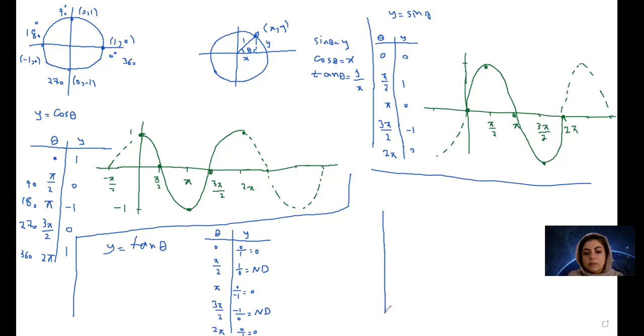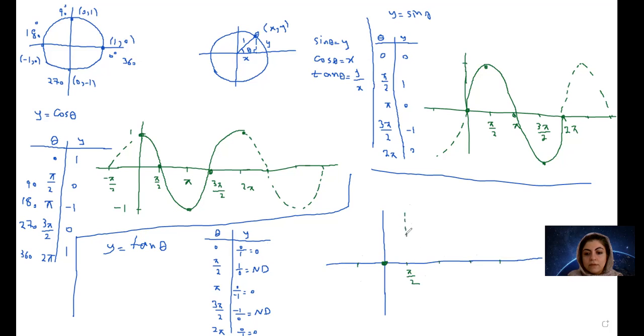Let me just do that here. A different color I do. So here is pi over 2 again. 1, 2, 3, 4. And here is that. For 0 is 0. So this is the point. Pi over 2 is ND, means you have an asymptote.